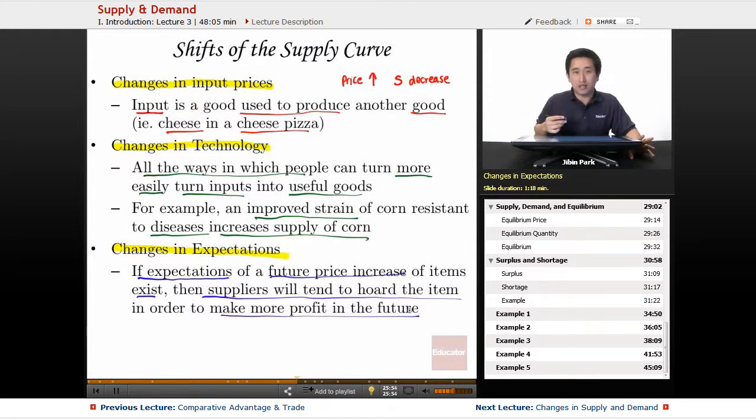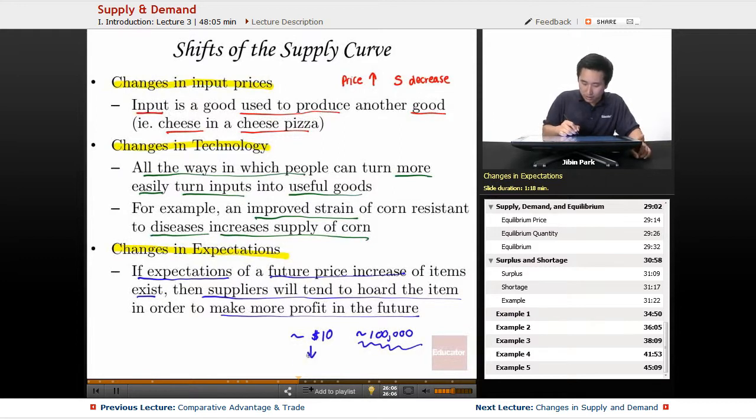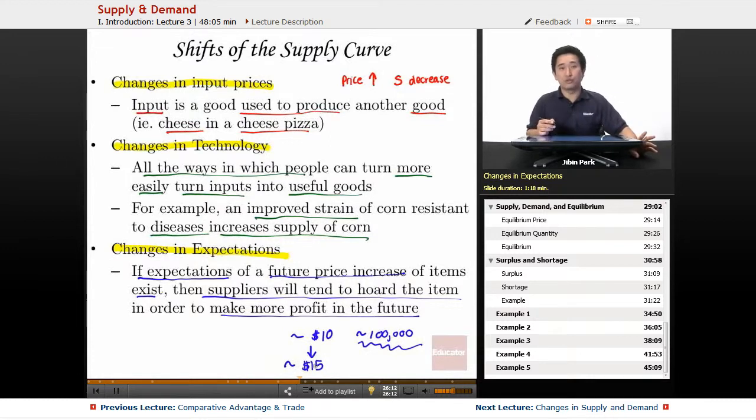So let's say you have an item that you're selling and the price is $10. And let's say you have 100,000 of these items, roughly $100,000 of these items here. And you anticipate the price to increase to $15. What's going to happen to your individual decision in order to sell that particular product?